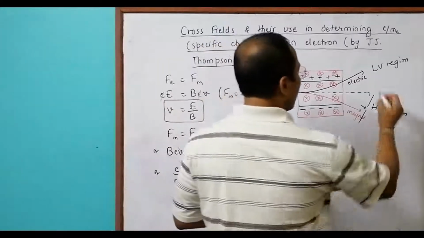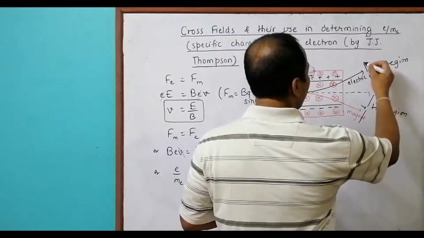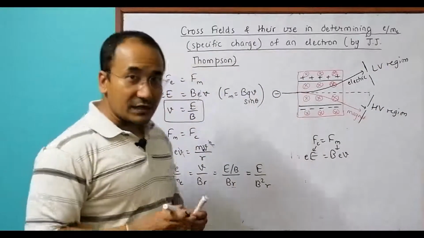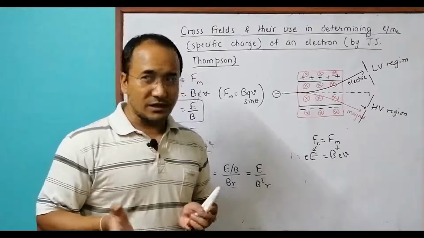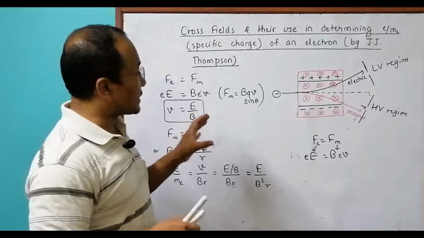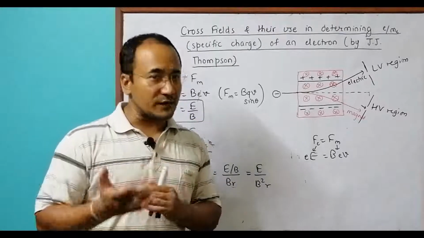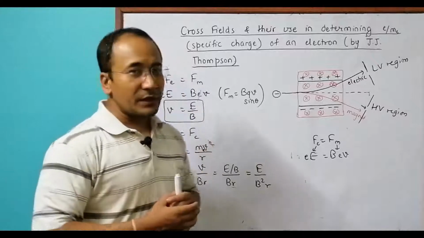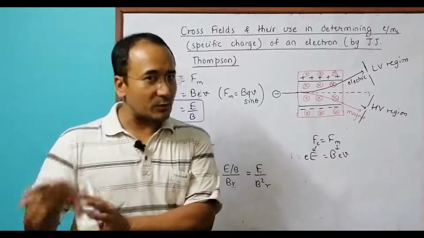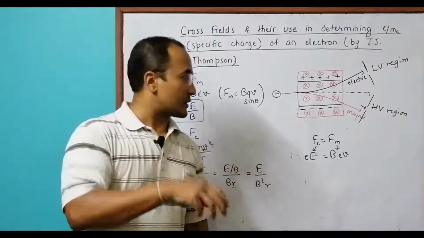If I want low velocity electrons of a certain velocity, I can place a slit here and this should be blocked. That's how we can obtain the electrons according to their velocities. This process is called velocity selection of charged particles. So Thomson's method of using crossed fields to determine e by m also gave us another method to select charged particles and send them somewhere according to their velocities.